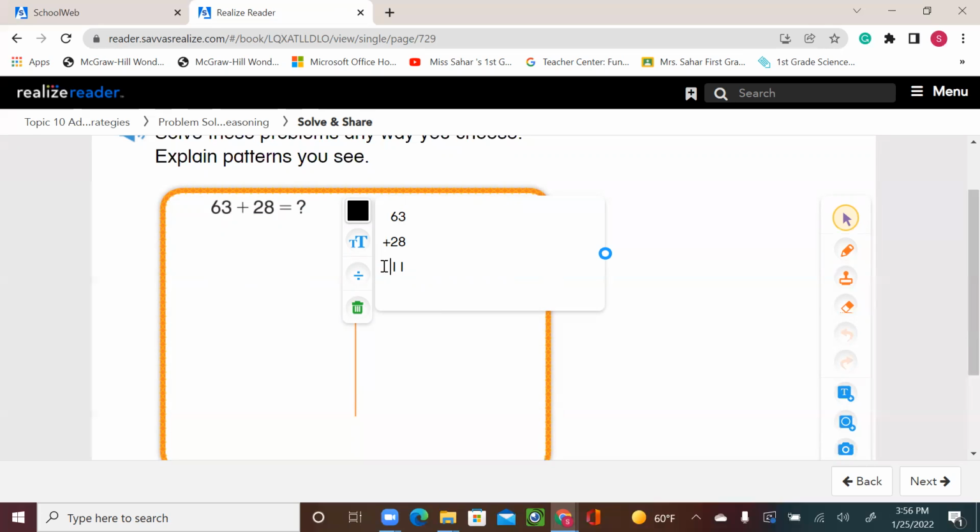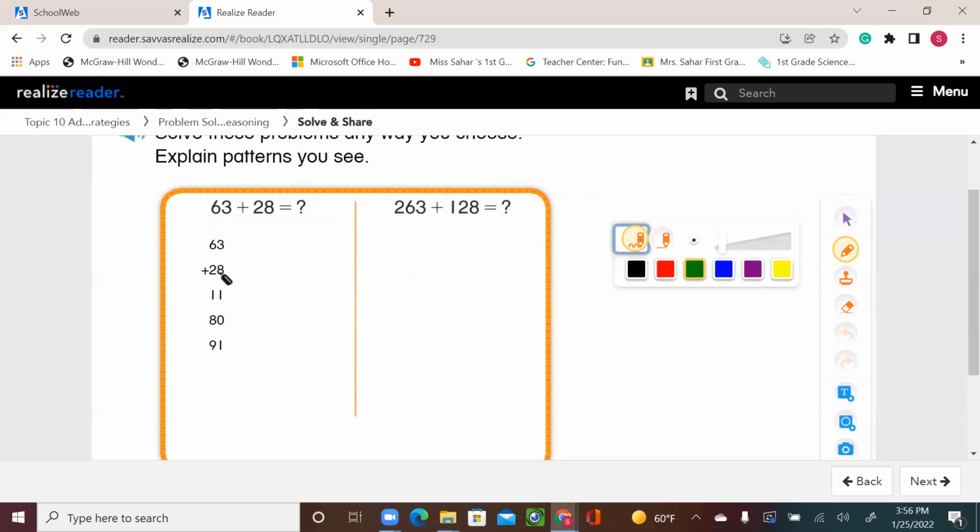Let's push it way down. And then 6 tens and 2 tens, 60 and 20 equals 80. So now I know that I have 91. All right, so the answer would be 91.